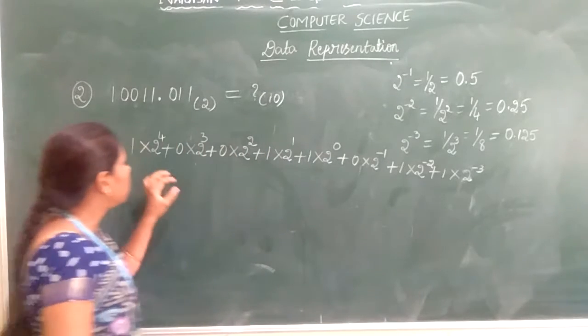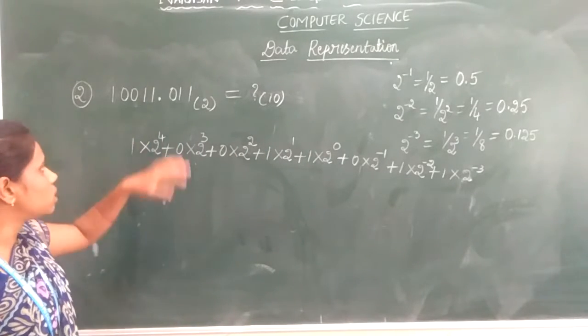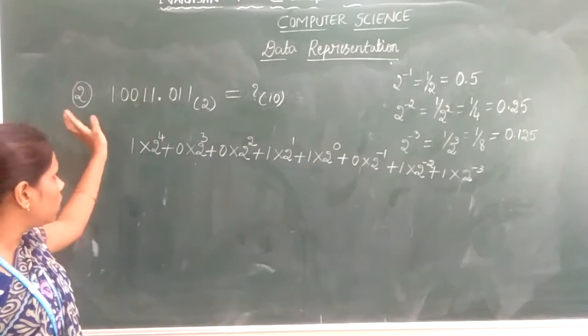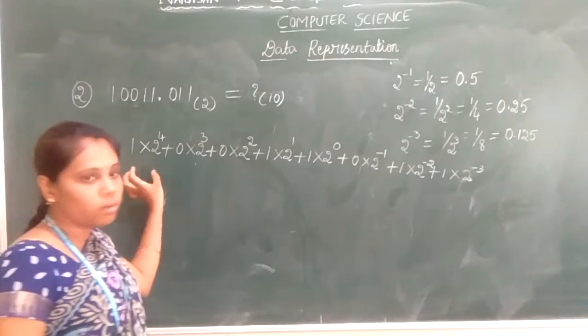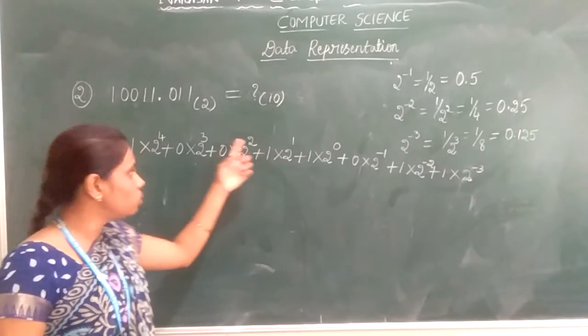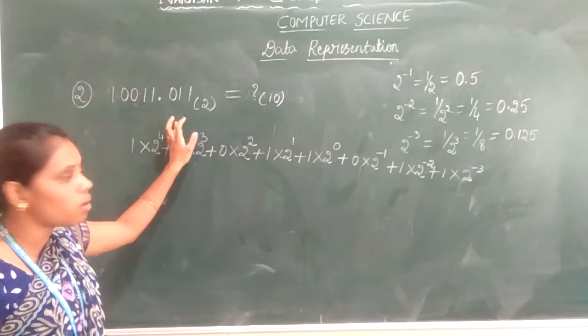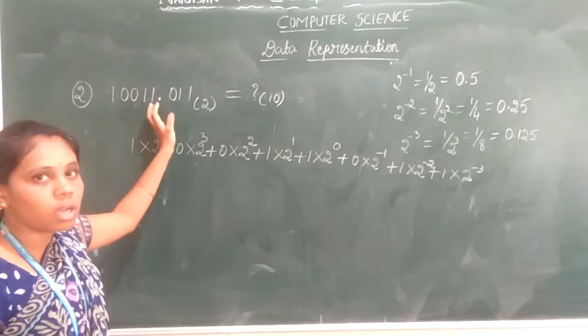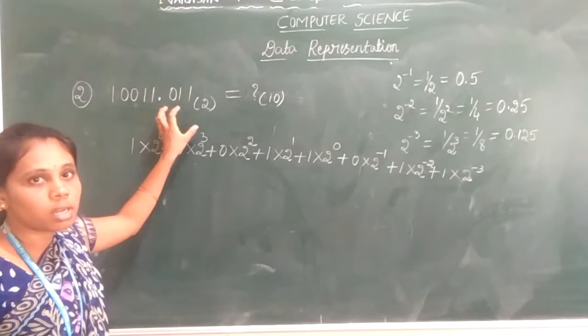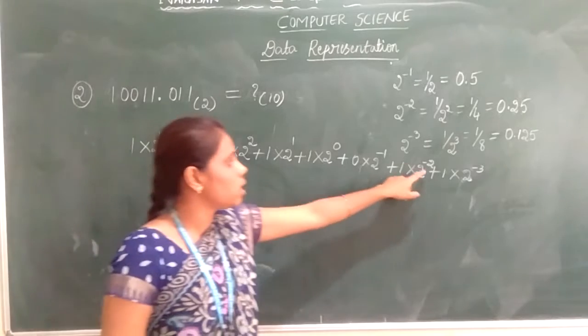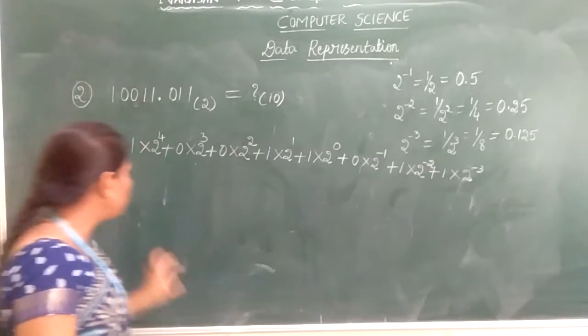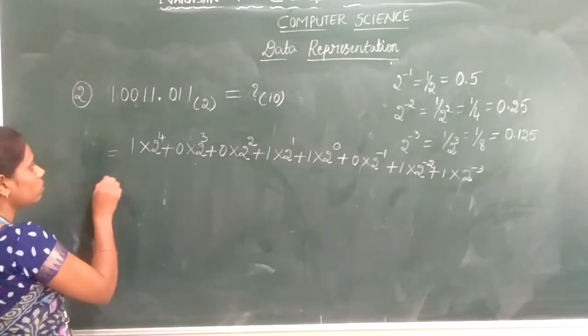Always, the digits of the integer part have positive positional values, starting from 0, 1, 2, 3, 4. The positional weights for the digits after the decimal point start from minus 1, minus 2 and minus 3. Now expand these terms.